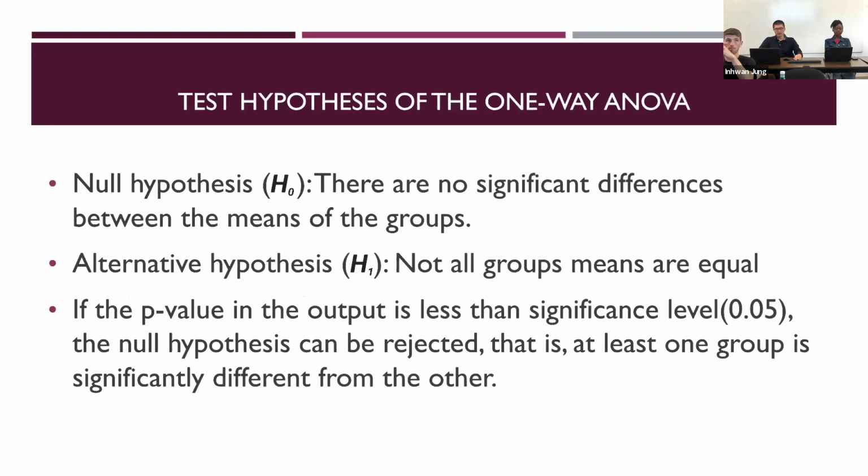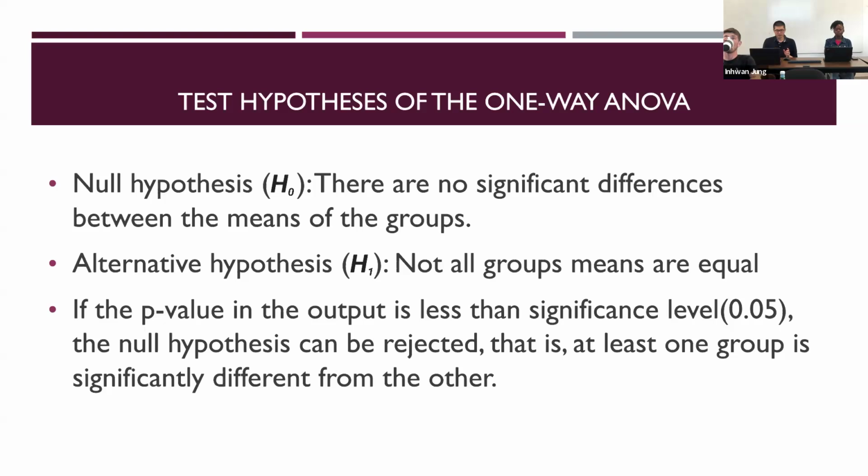And in one-way ANOVA, we can conduct the hypothesis test. The null hypothesis, H sub 0, is that there are no significant differences between the group means. On the other hand, the alternative hypothesis says that at least one group is different.